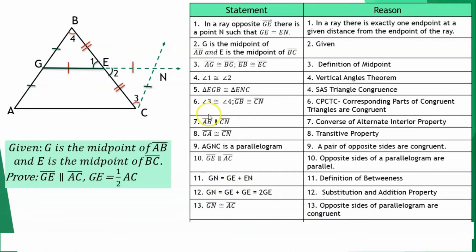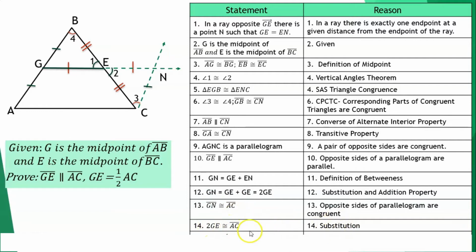In here, we can say that GN is congruent to AC. It's because opposite sides of a parallelogram are congruent. And another, replacing this, GN here can be replaced by 2GE is equal to AC. So GN replaced by 2GE is equal to AC. That is by substitution.